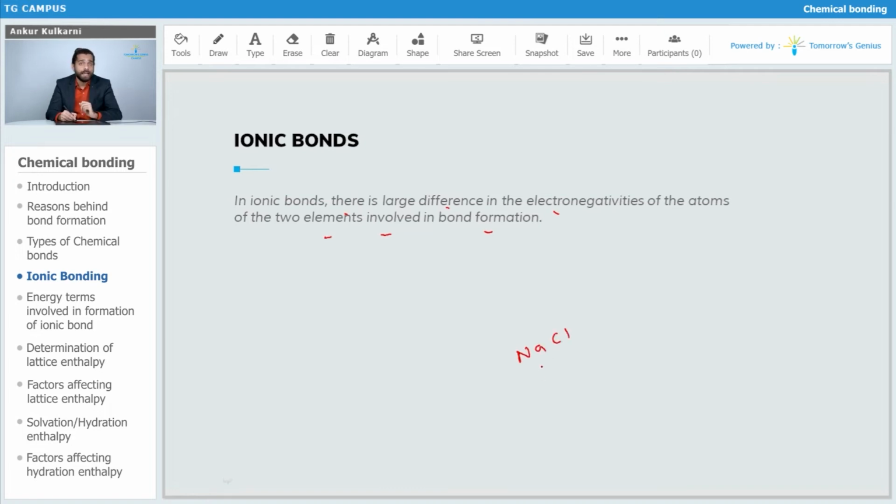Na is from your s block, which is on the extreme left hand side, and chlorine is from the p block, on the extreme right hand side of the periodic table. So chlorine is electronegative in nature and sodium is electropositive in nature. If you compare their electronegativities, the difference is very high because one is electropositive and one is electronegative.